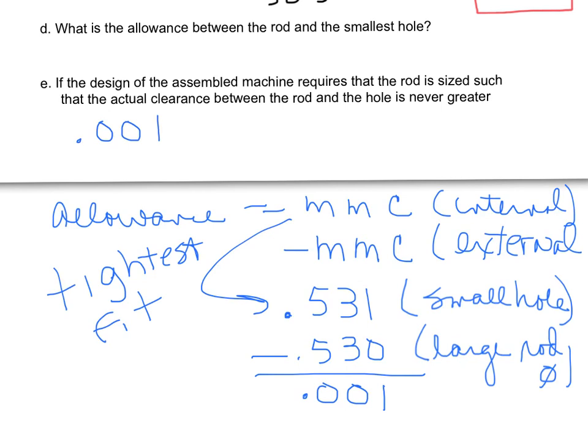What if we did large hole minus small rod diameter? So the largest hole that we could get is 0.536, and the smallest rod is 0.525.